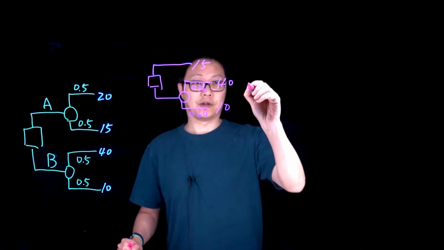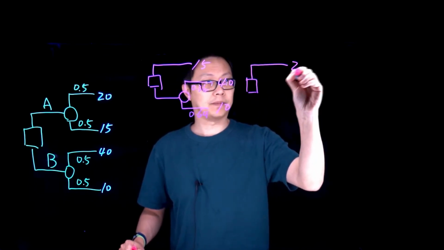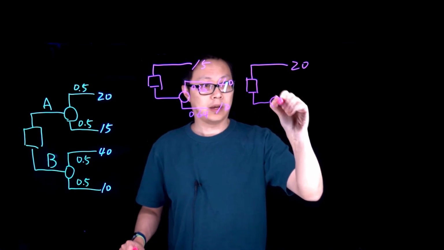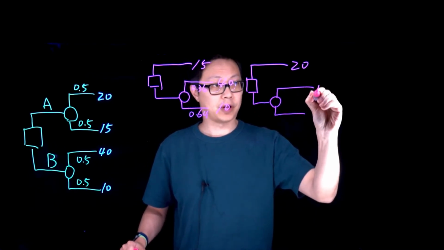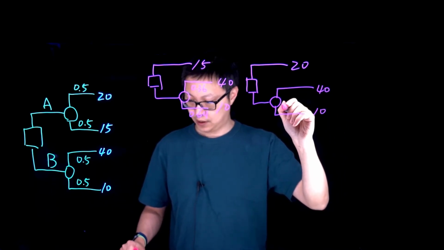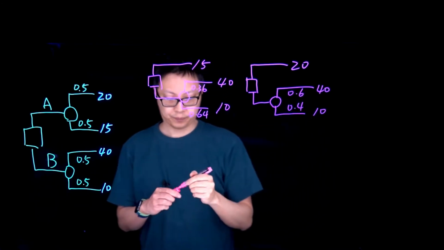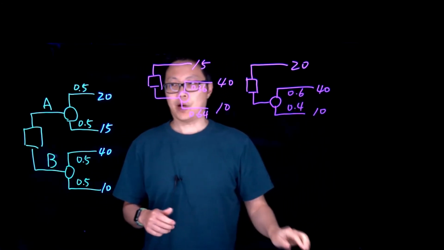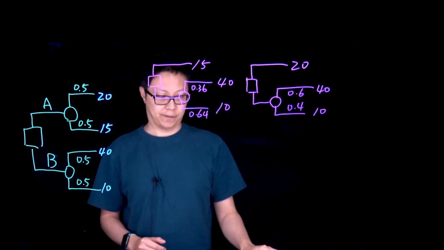Secondly, we know the decision maker will be indifferent between $20 and 40, 10 with probability 0.6 and 0.4. So how can we solve this problem using the two that we have right here?